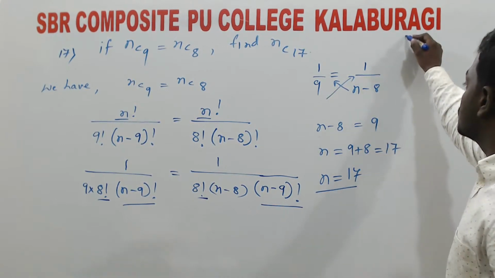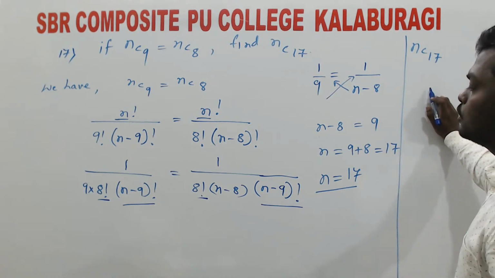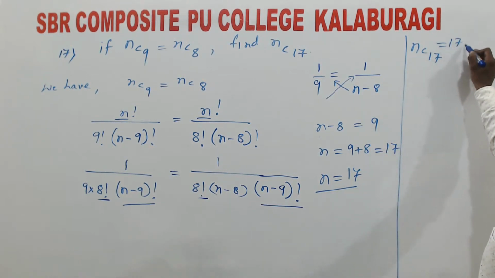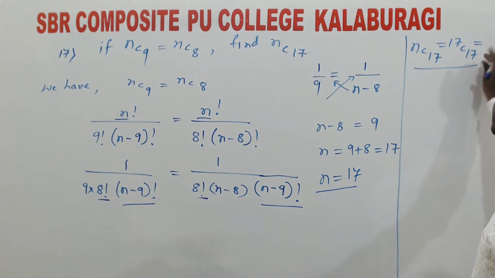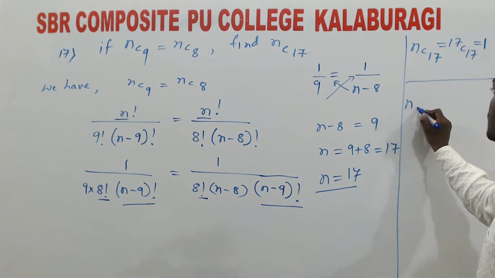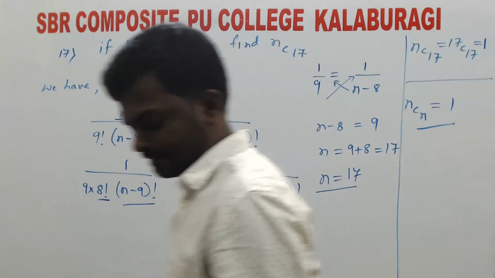What are they asking us to find? nC17. What is n here? 17. So 17C17, and just now we have seen that 17C17 is equal to 1, because we know the property nCn is equal to 1. We have solved it.